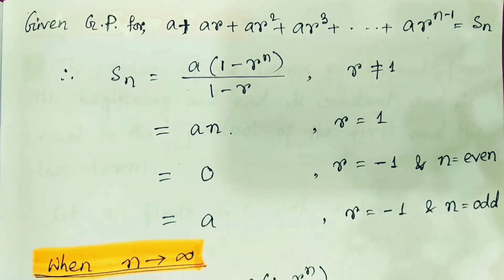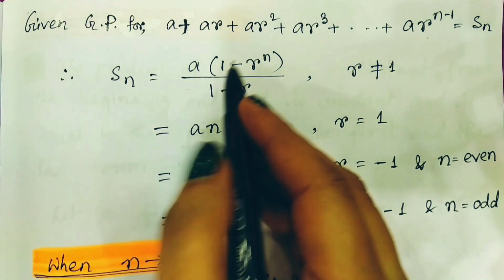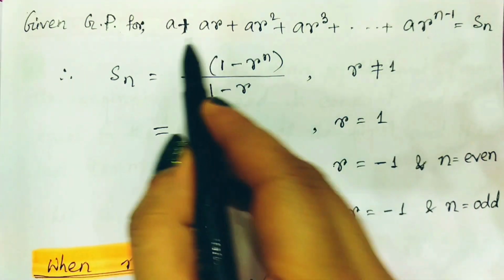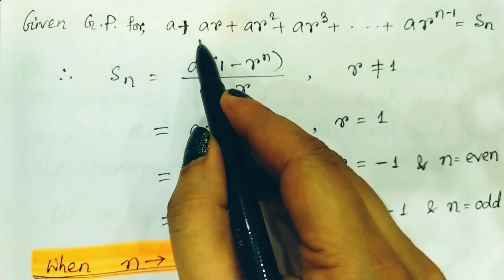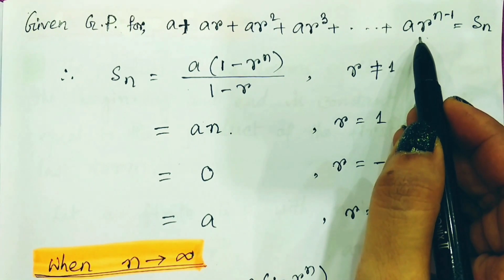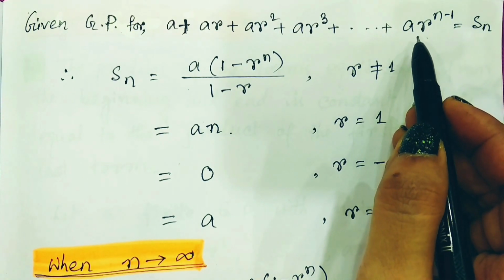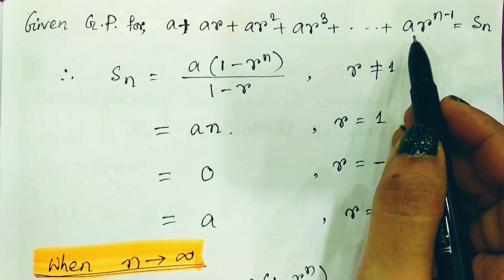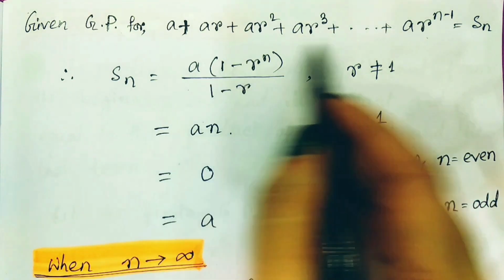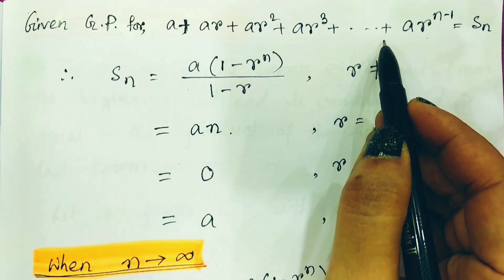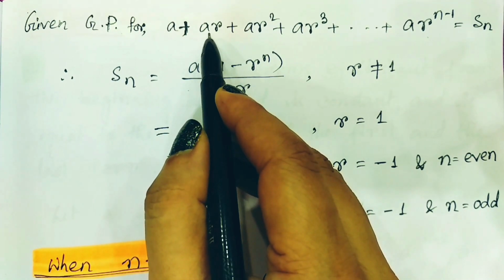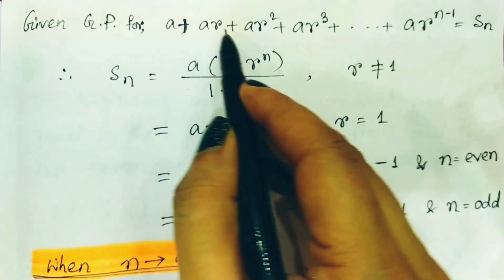When r is exactly equal to minus 1, what happens? If we substitute here, we will find it is alternating plus minus. So now, depending upon the value of n, that means n is even or odd, we will find this value is either 0 or a, because two consecutive terms are plus minus, so they cancel out.